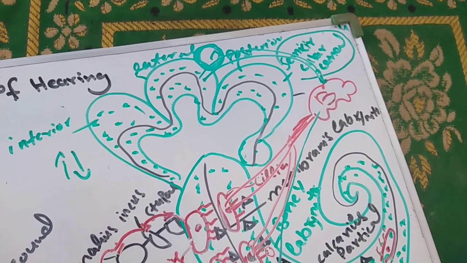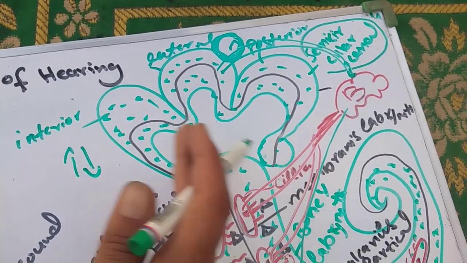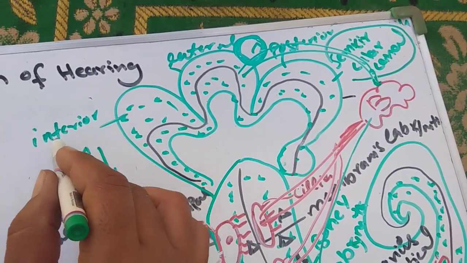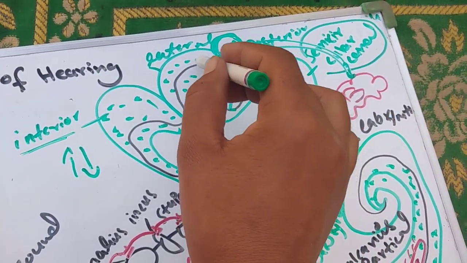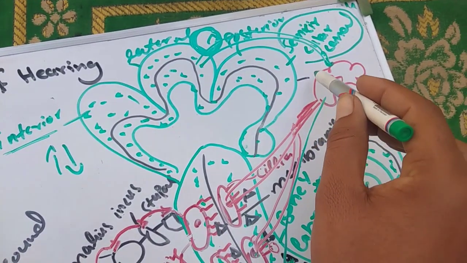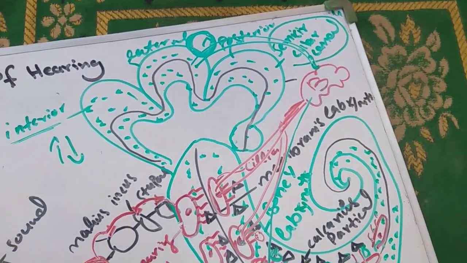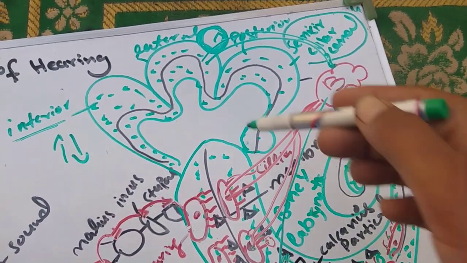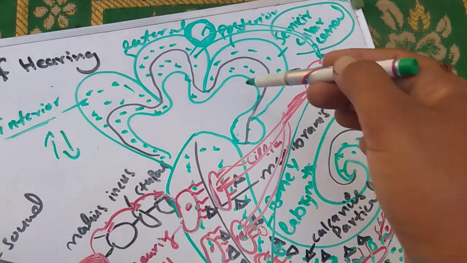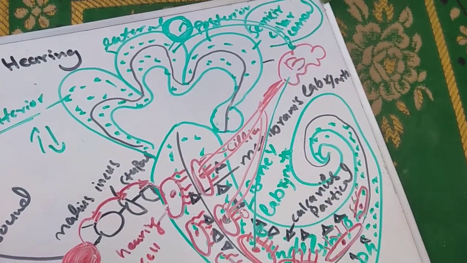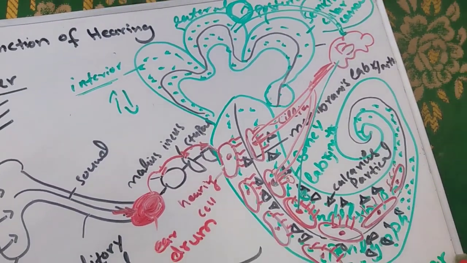When we move forward and backward, fluid also moves forward and backward in the anterior semicircular canals, and when we move in rotation, fluid enters the lateral semicircular canals, and when we move side by side, fluid enters the posterior semicircular canals, and nerve impulses originate and enter the brain, and we balance ourselves. So this is our today's topic.